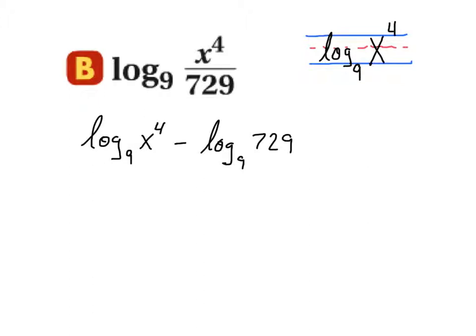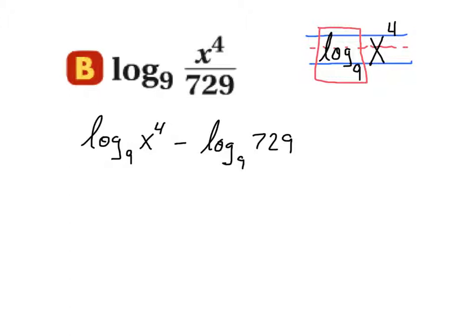That does not say 9 times x to the 4th power. Some of you are being sloppy in writing it that way. Your base is written too big, and so it looks like 9 times x. Or some of you are thinking that it's 9 raised to the x power. It is not. This is an operation. This is telling us what base we're thinking in. We're thinking in base 9.